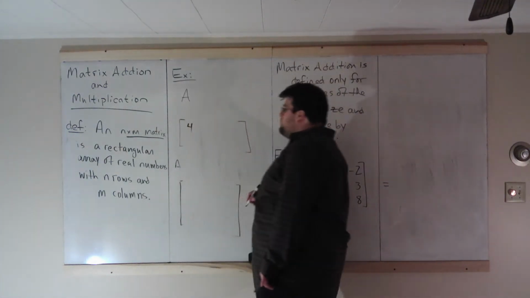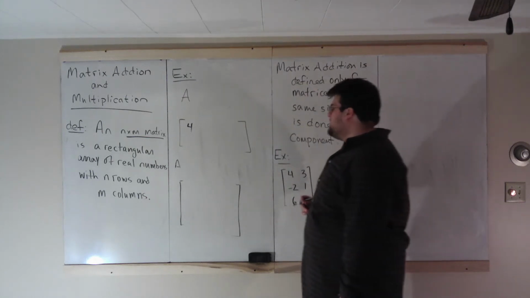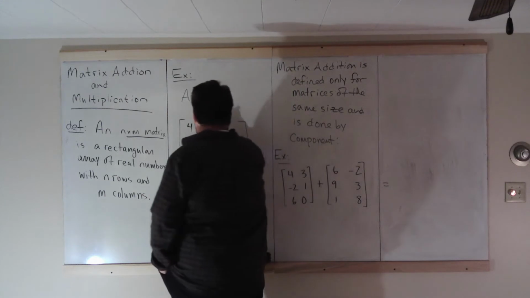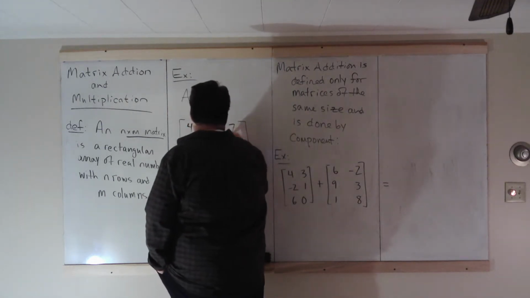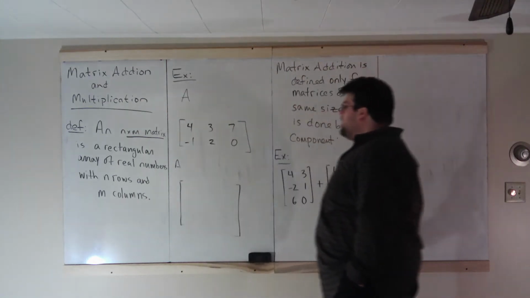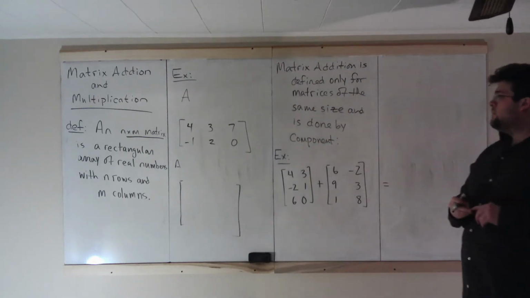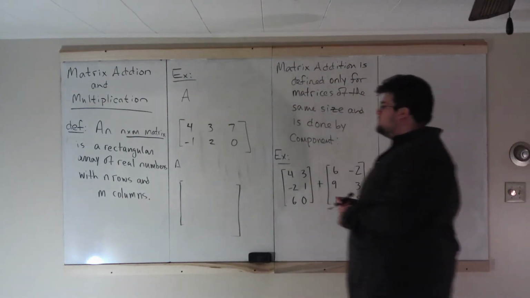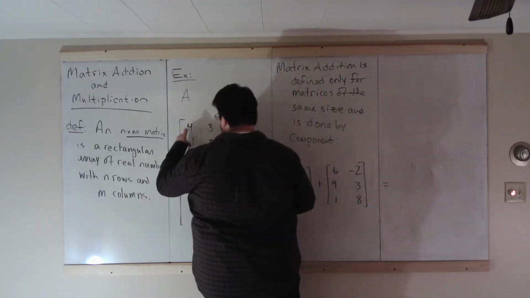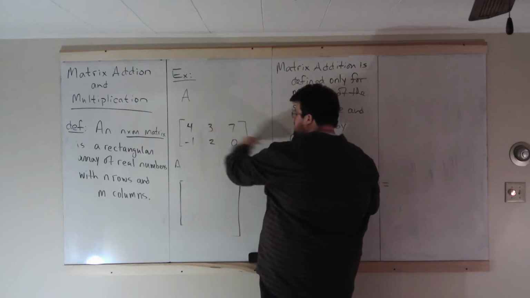When we put matrices in these square brackets like this, sometimes you see them with big parentheses. I like the square brackets. Right there, there's a matrix. How many rows? 1 row, 2 rows.